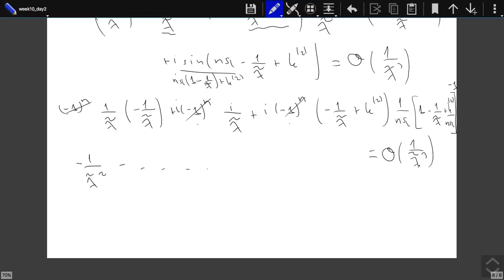And if you just do the calculation, you will see that Kn is nπ(1 − 1/λ̃) plus i nπ over λ̃ squared. Plus, of course, we have other corrections. Let's look at the energy.